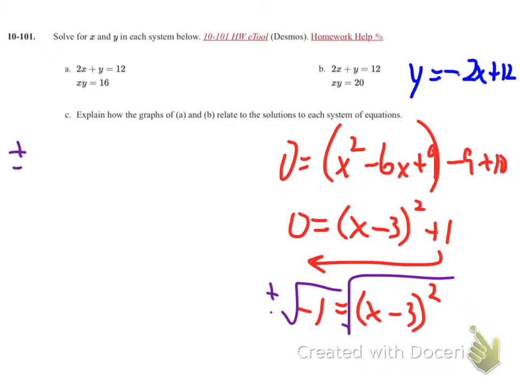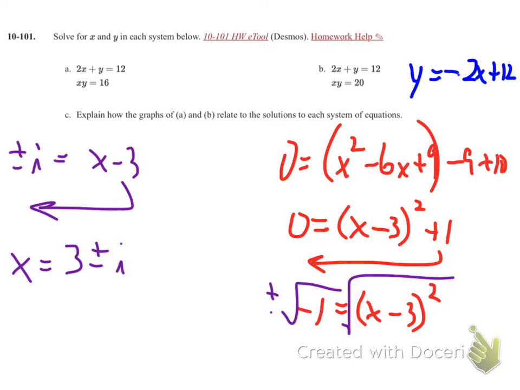So now I have plus or minus i equals x minus 3. And moving the 3 to the other side, I will get x to equal positive 3 plus or minus i. So what that means for this system is that they actually do not intersect each other. Those are the roots to solve it, but they do not intersect.